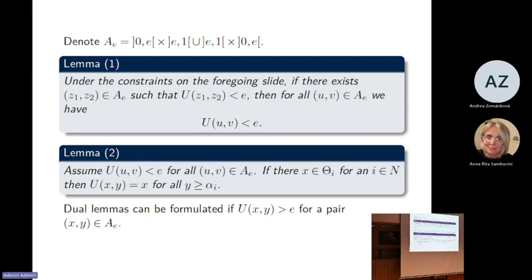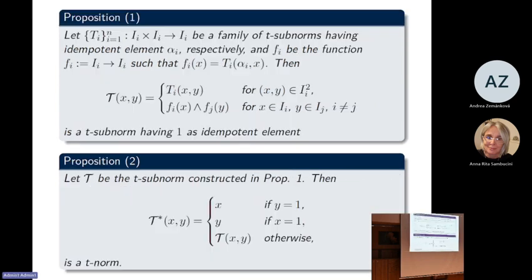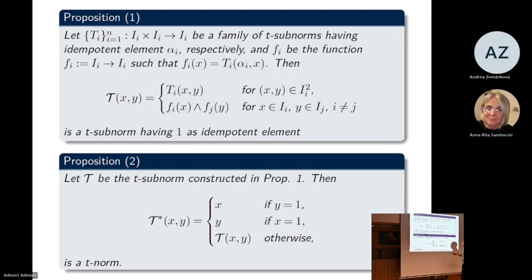And of course, dual lemmas can be formulated for the column when we have there one element greater than the element e. And this is how we can construct the t-subnorm as a kind of ordinal sum of these t-subnorms.